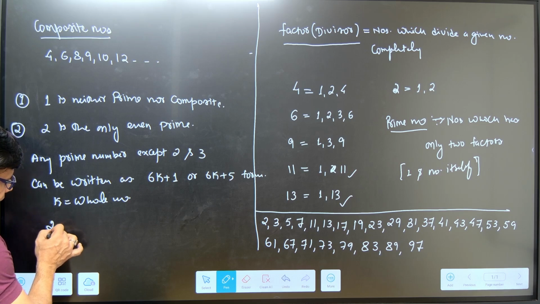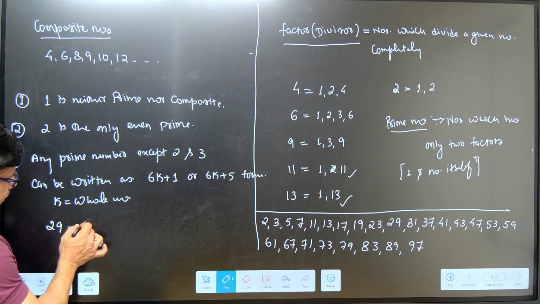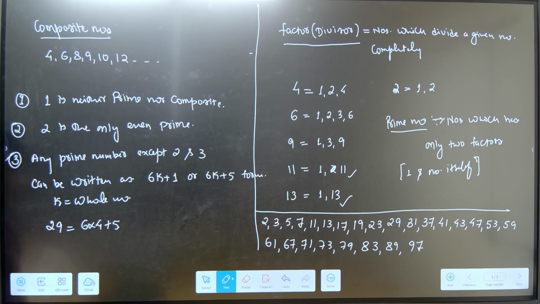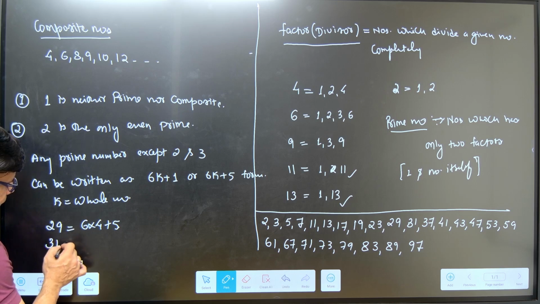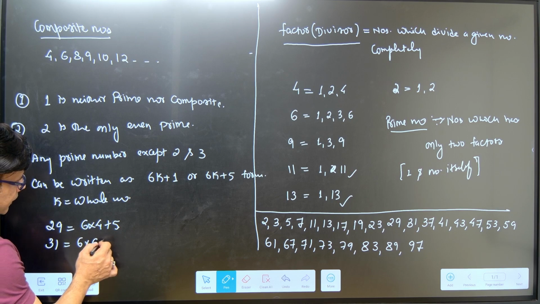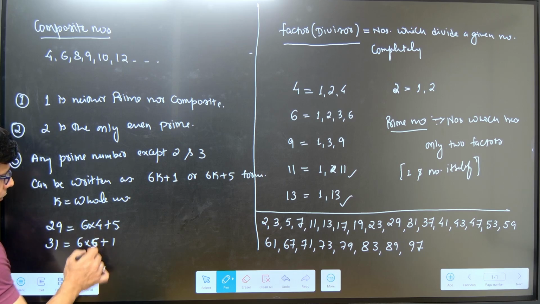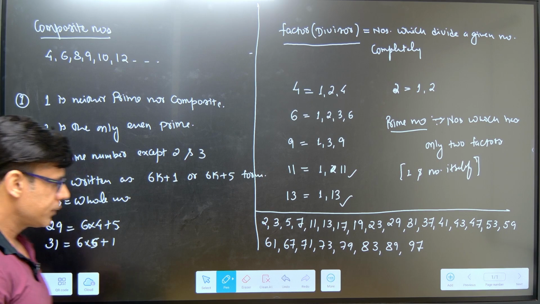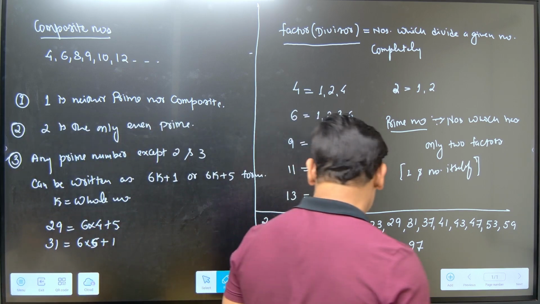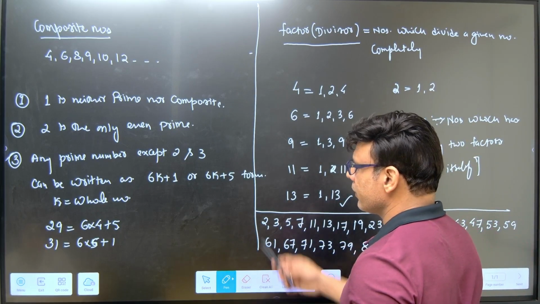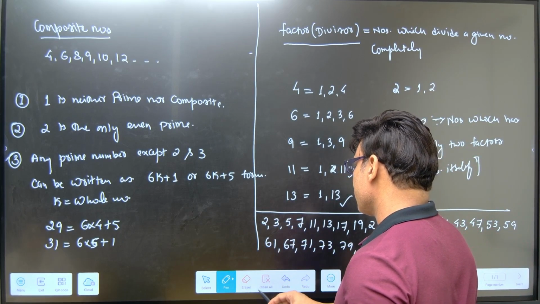For example, if I take 29, I can write 29 as 6 into 4 plus 5. Pick up 31. 31 is 6 into 5 plus 1. You can split them and write in the form of 6k plus 1 or 6k plus 5.